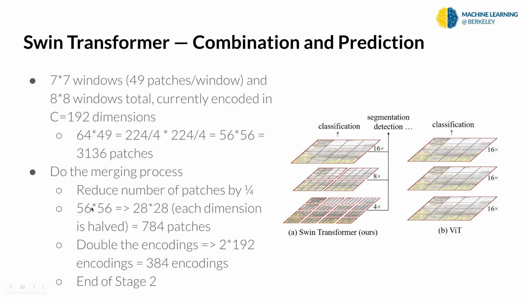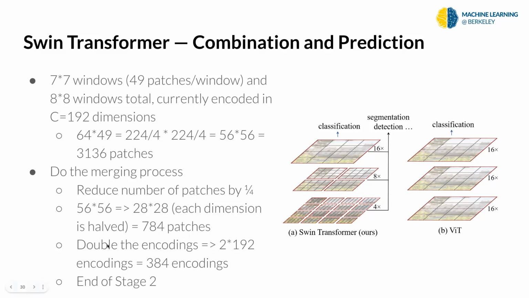So we reduce from 56 by 56 to 28 by 28, where we're halving each dimension. Intuitively, this makes sense. We have 8 by 8 windows, and there should be 7 by 7 patches in each window. Excuse me for the typo. But that results in the number of patches being reduced by a factor of 4.